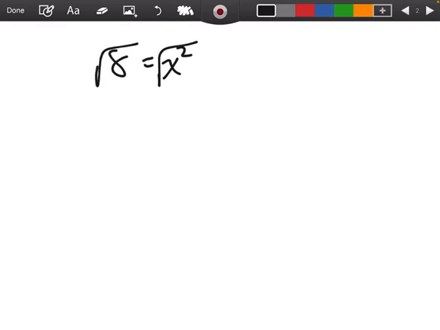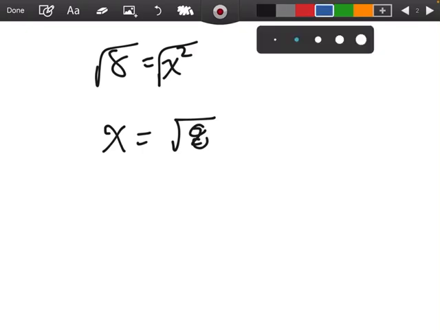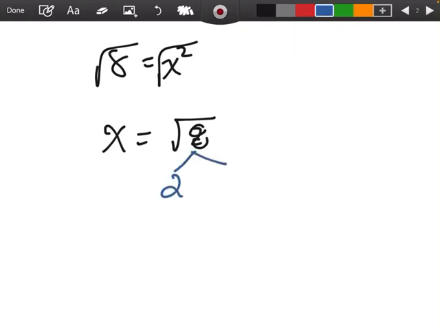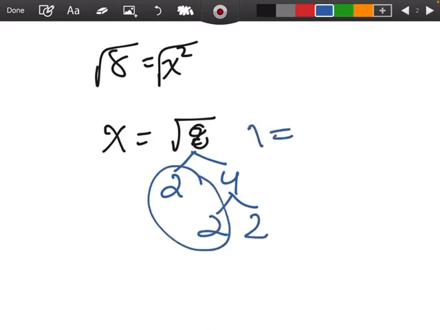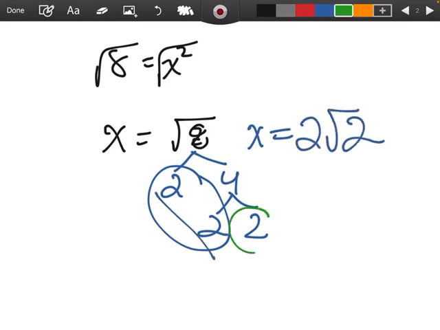When I take the square root on both sides, I get the square root of 8. How do I break down the square root of 8? 8 is 2 times 4, and 4 is 2 times 2, and I'm looking for pairs. So x should be 2 and then the square root of 2, because these two get to come out, but this one was by himself, so he goes back in. So x should be 2 square root of 2.